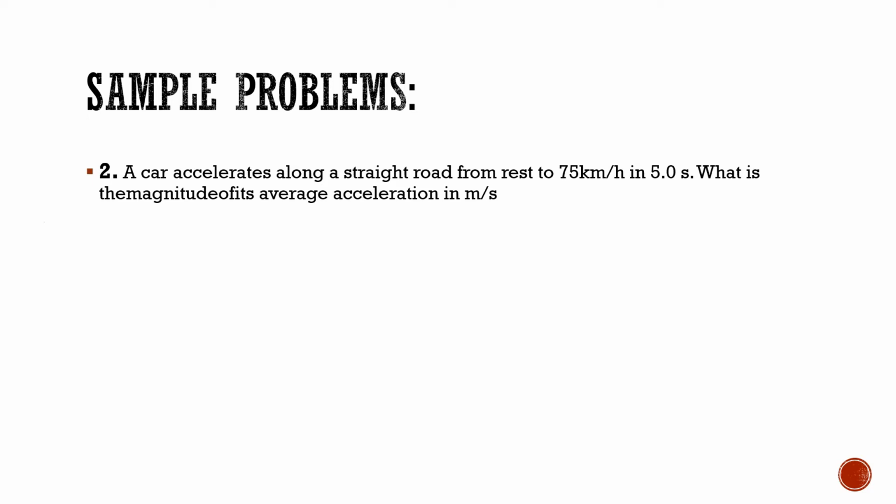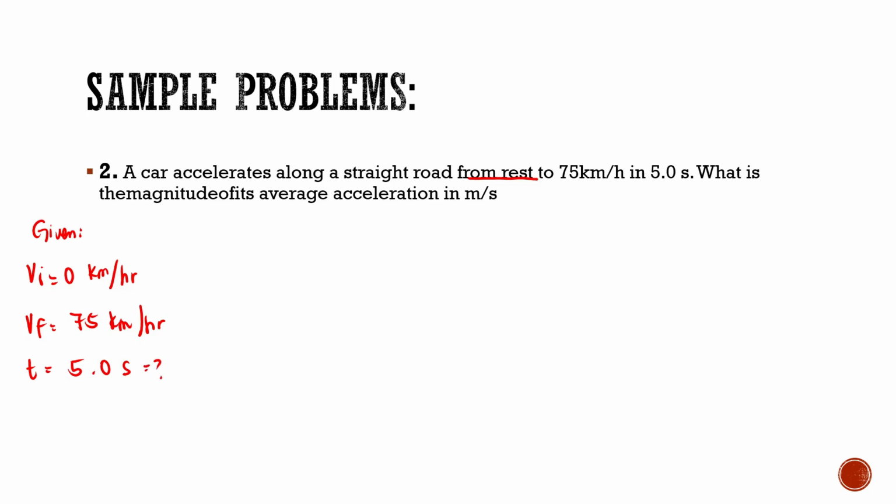So given, it starts from rest. So we need to say our Vi is equal to 0 kilometers per hour. And your Vf, which is 75 kilometers per hour, and the time 5.0 seconds.